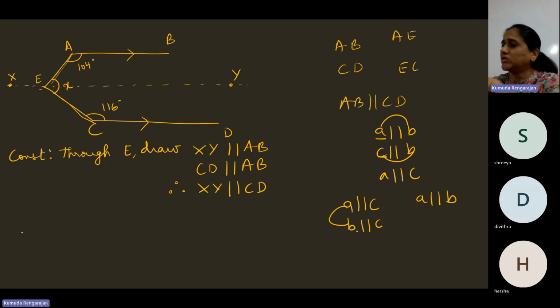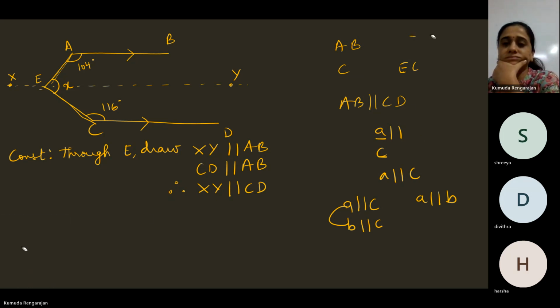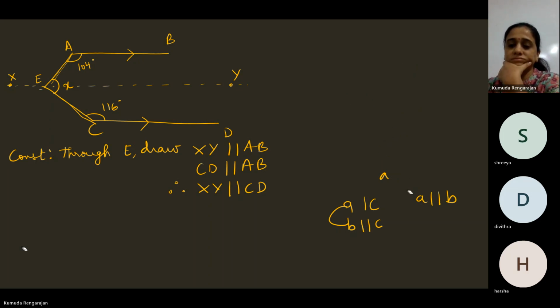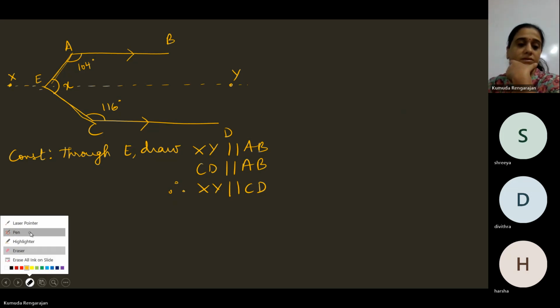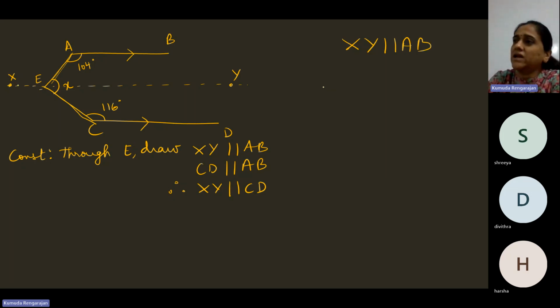Two lines parallel to the same line are parallel to one another. So by construction, we have XY parallel to AB. We draw XY so that it's parallel to AB.